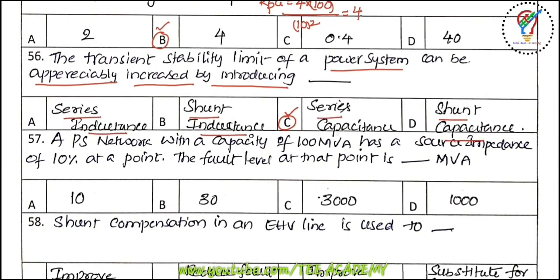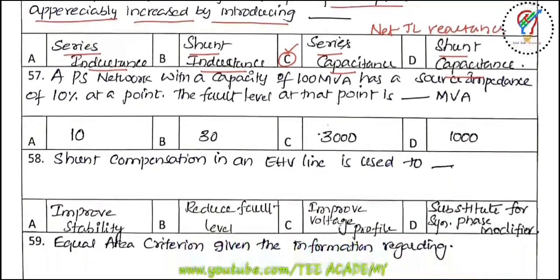So how will the series capacitor improve it? It is going to decrease the net transmission line reactance. If the transmission line reactance is less, the transient stability automatically will be improved here. Also it will provide reactive power support to the transmission line.